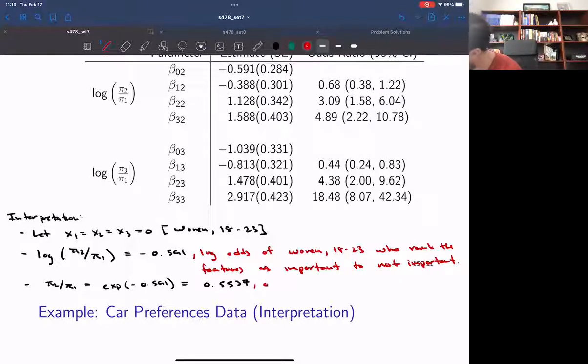Okay, so this would be the odds of the event described.